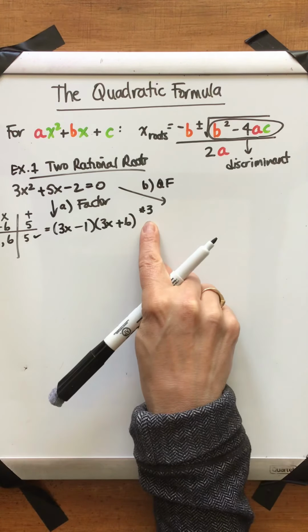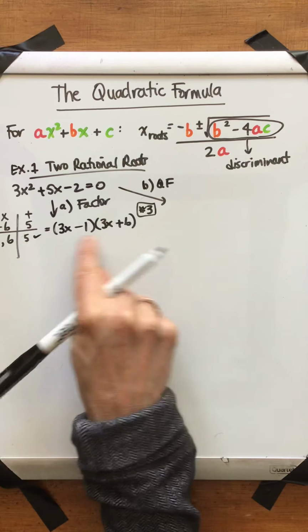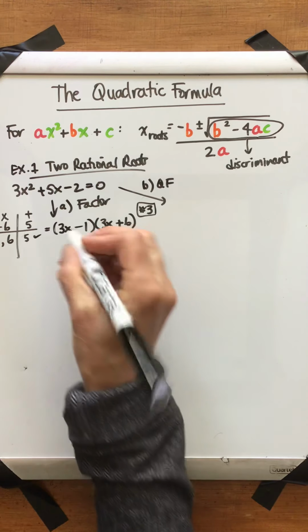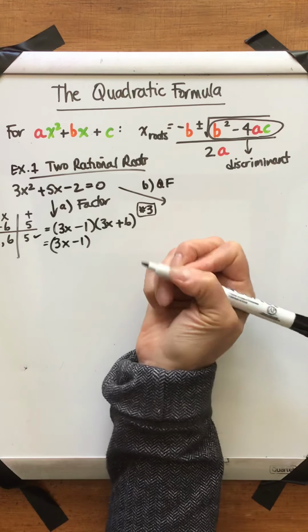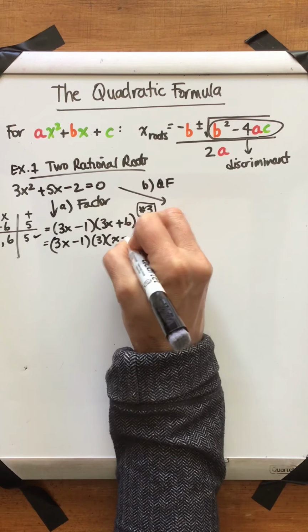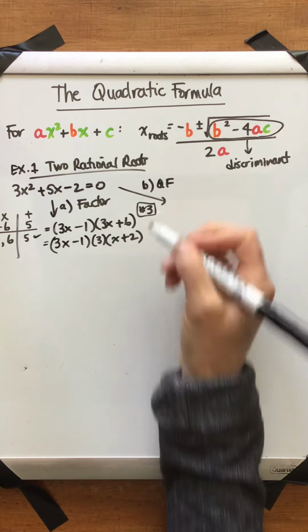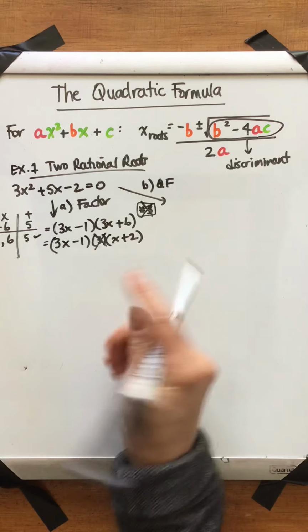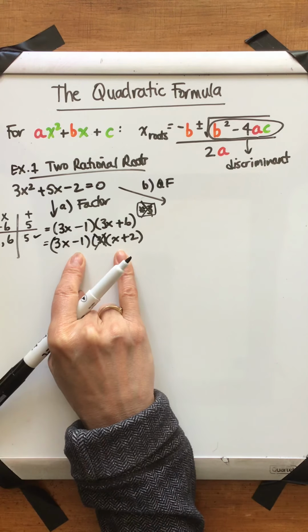There is an extra factor of 3, so that's a little star to remember to do that. If I'm using the Berry method, I take out the GCF for each of these. The first binomial does not have a GCF, but the second one does. It has a GCF of 3, which leaves me with x plus 2. Remember how I said we need to eliminate that extra factor of 3? There it is. And so my answer, factored, would be 3x minus 1 times x plus 2.